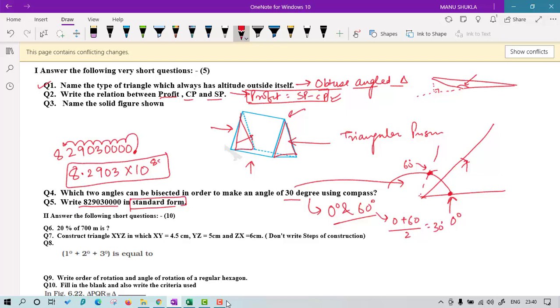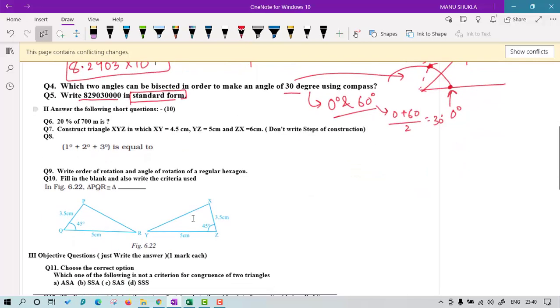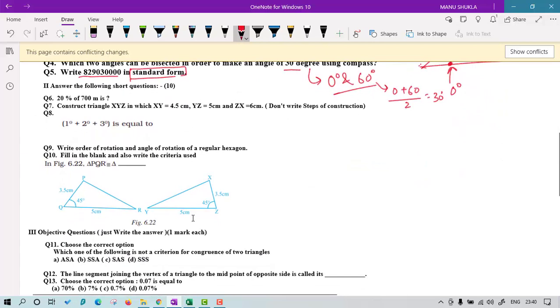Why is the power 8 positive? Because we are taking the decimal to the left hand side. If we move decimal to the right, we write the number power in negatives. Okay, now second part, 20% of 700 meters. From BODMAS we all know of means multiply only.